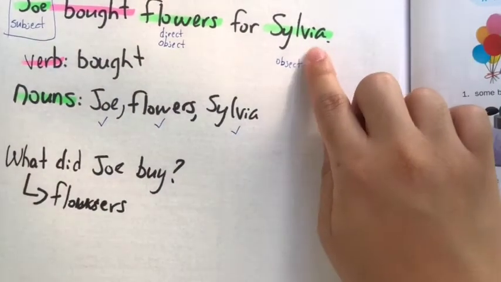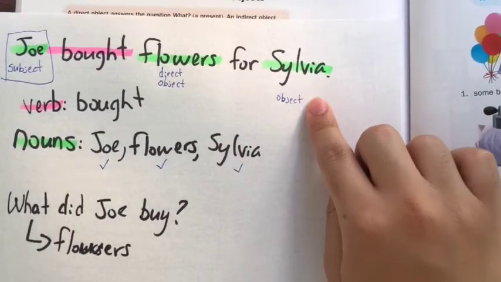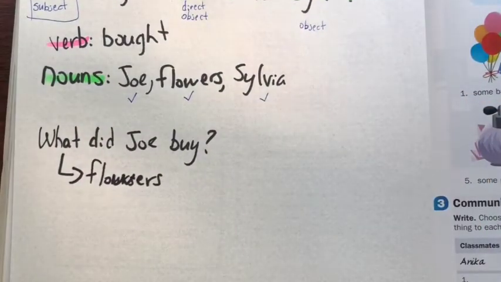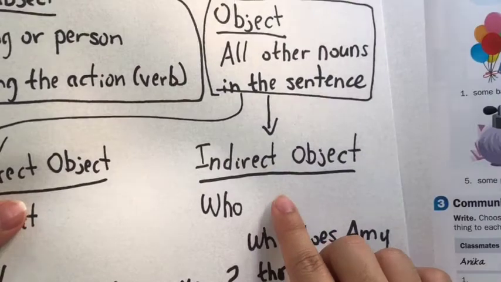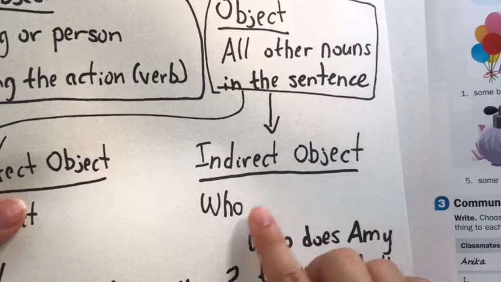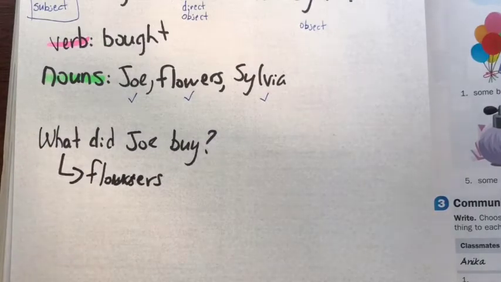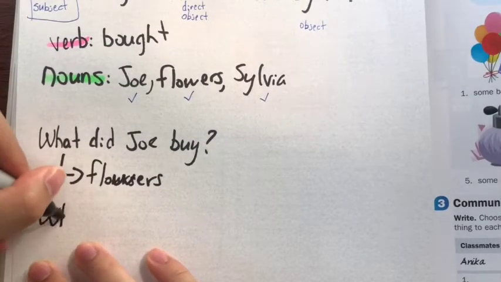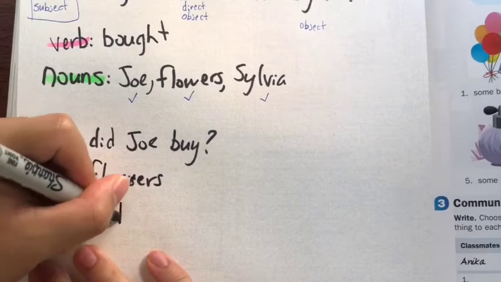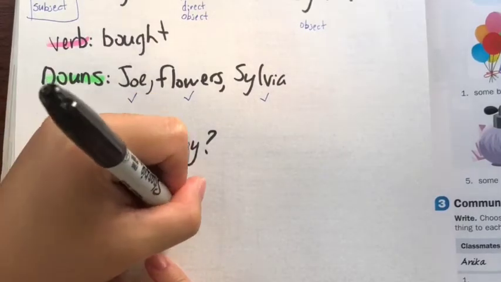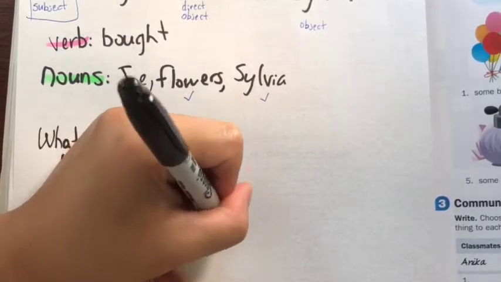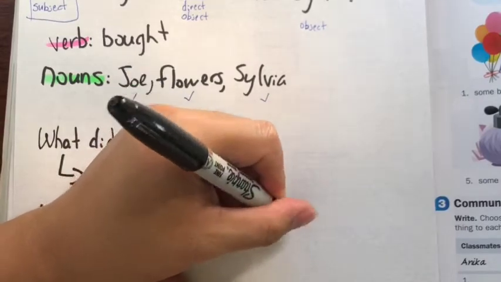Okay, so we have one more object here. So let's look at the indirect object. The indirect object answers who. Who did Joe buy flowers for?